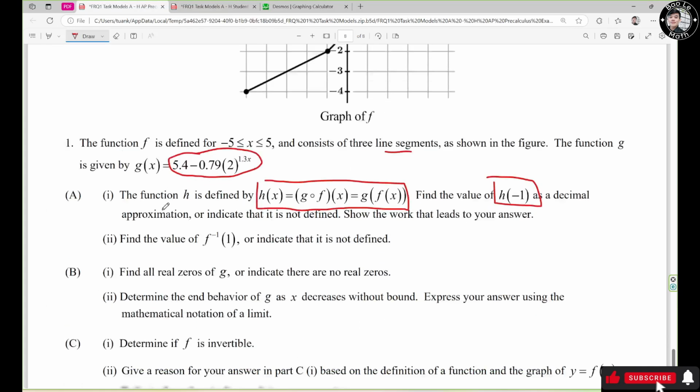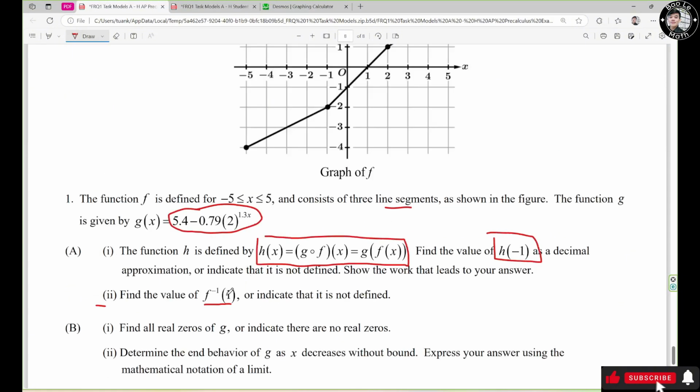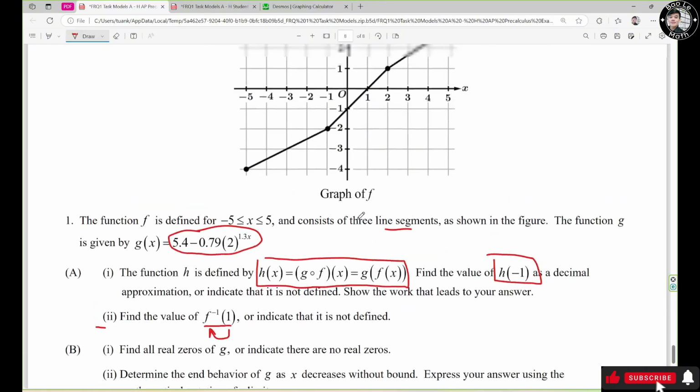Now let's move on to question A to I. Find the value of f inverse of 1. In order to find f inverse of 1, we need to look at the value of s equal to 1. S is the domain of this function, and it becomes the range of the original function. So we look at y equal 1 on the original function.